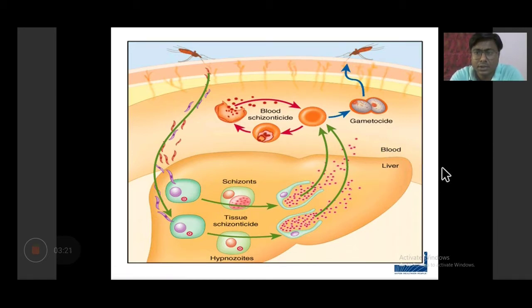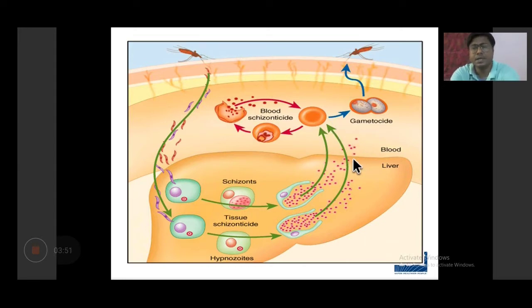Here you can see the entry of the parasite into the human cells, and it goes to tissue as tissue schizont, and then as hypnozoite in the liver, and maybe it goes to the blood. In blood, it either goes to the red blood cell or it remains in the tissue for some time. If it goes in the blood, it will destroy the blood cells, and again it will release.